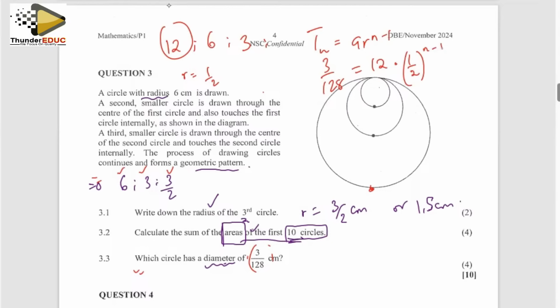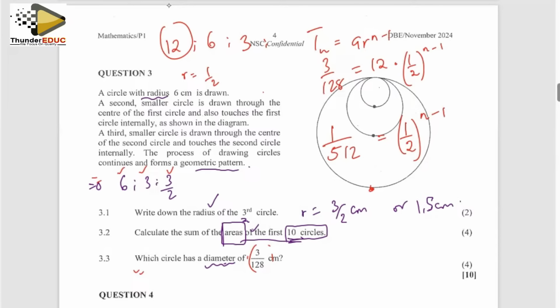So 3 over 128, I'm dividing it by 12. That gives me 1 over 512 equals 1 over 2 to the exponent of n minus 1. All right, so what I can do, I can use my laws of exponents, okay?